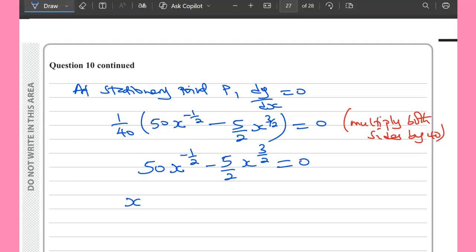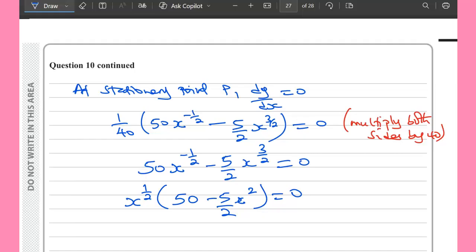We'll have x power half times (50 minus 5 over 2 x squared), and everything equals 0.